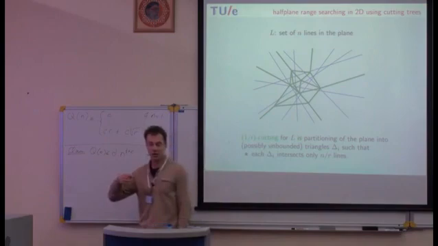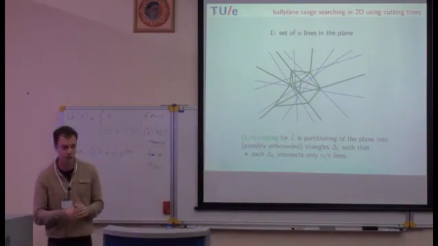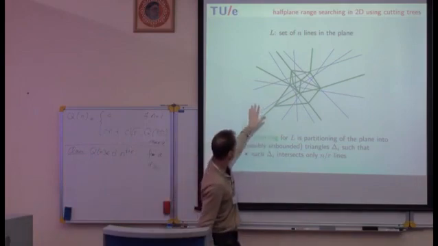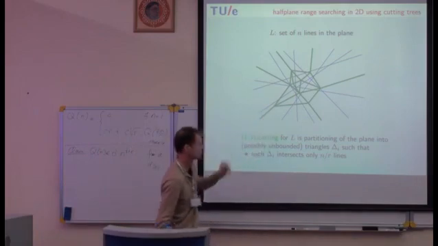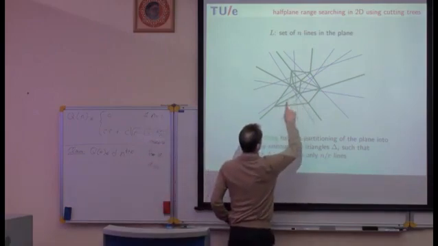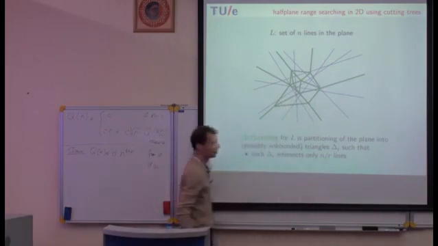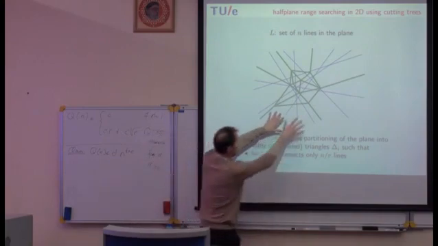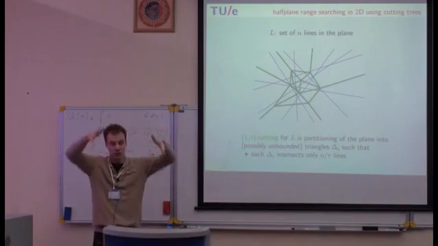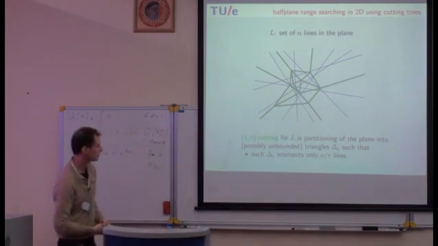And r is again some kind of parameter, a number. Okay, so it's a partitioning of the plane into triangles. So here, this is one of my triangles, this is one of my triangles. Some triangles are maybe unbounded. They have 3 sides, but it goes to infinity.